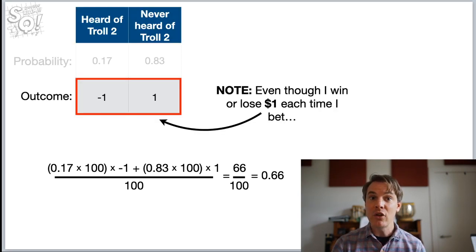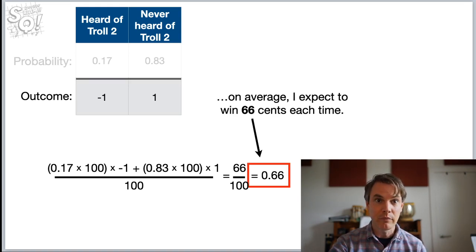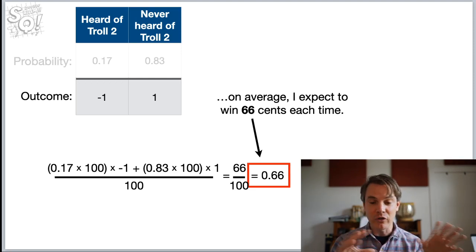Note, even though I win or lose $1 each time I bet, so I don't win or lose 66 cents, even though I'm betting $1 and I'm either winning or losing that dollar, on average, I expect to win 66 cents each time because sometimes I'm going to lose and sometimes I'm going to win. And so once you average out the losses and the wins, we get 66 cents each time.